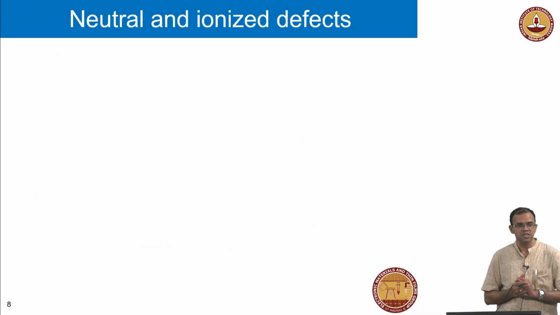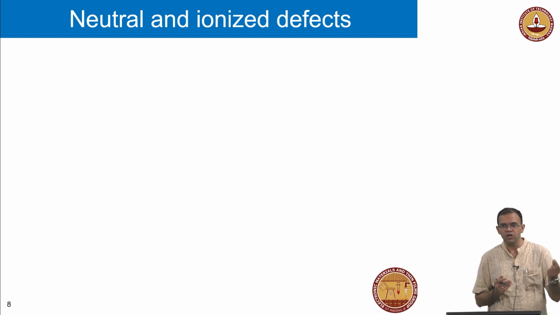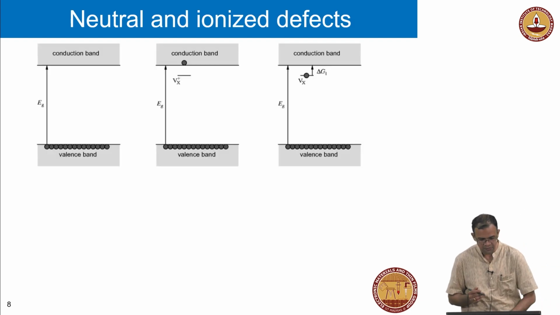Things become more interesting, especially when it comes to electrical conductivity, if instead of a pair of defects, I have only a single defect. So I have only a vacancy created on one of the lattice points, or I can have an interstitial.